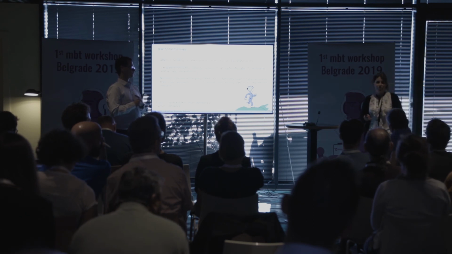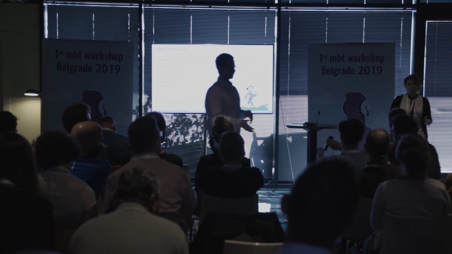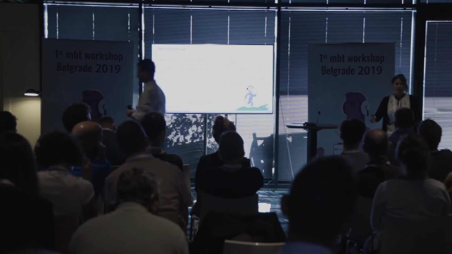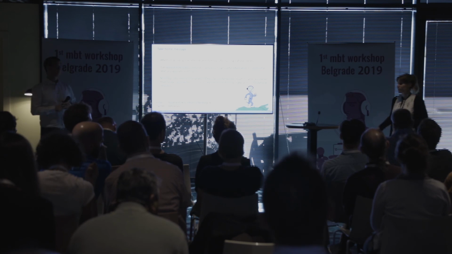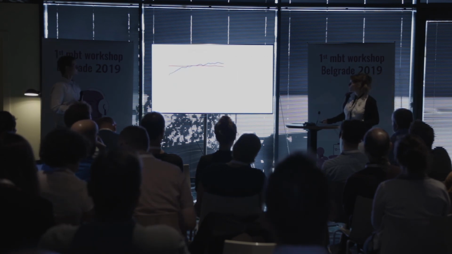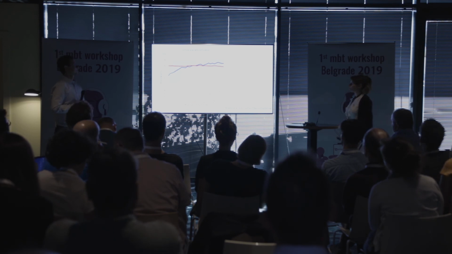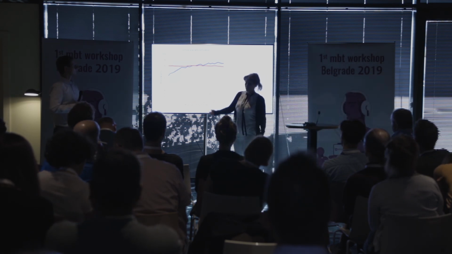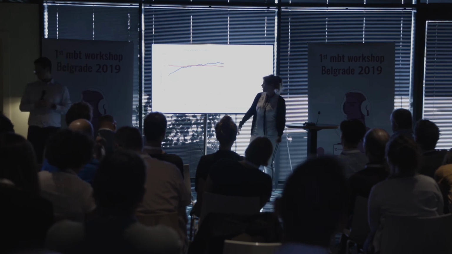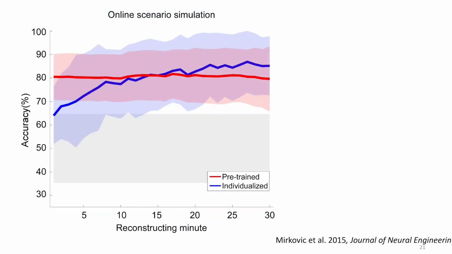That's quite an interesting question. We did a comparison of one decoder trained on subject-specific data and one trained on data collected from other subjects, and that I can actually show you here. If we take a pre-trained decoder, which is a decoder trained on other participants, we get a constant performance around 80%. However, if we take an individualized decoder, depending on how much data we have, after 5 minutes we have 70% accuracy, and later, after about 25 minutes, the individual decoder performs a lot better.